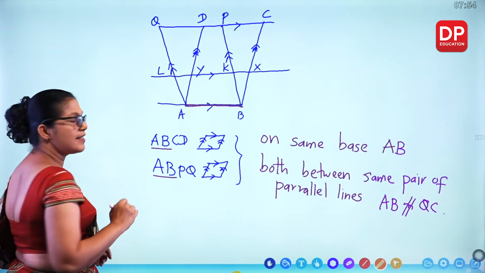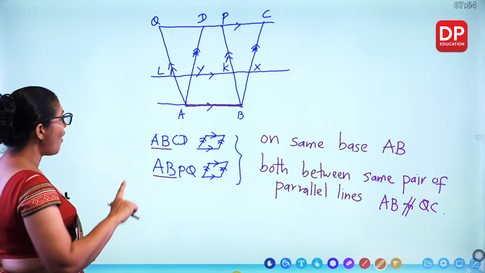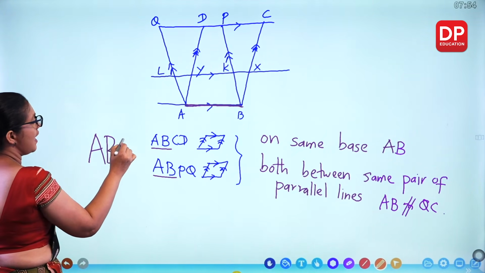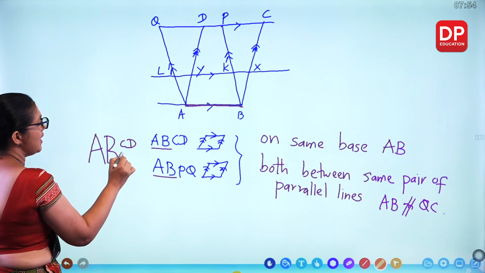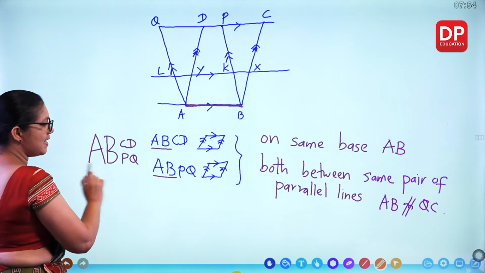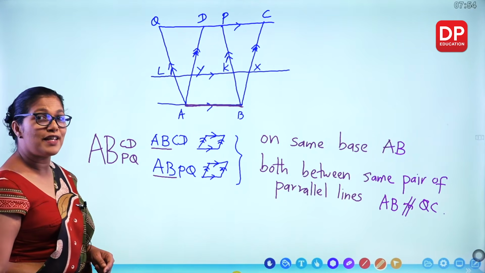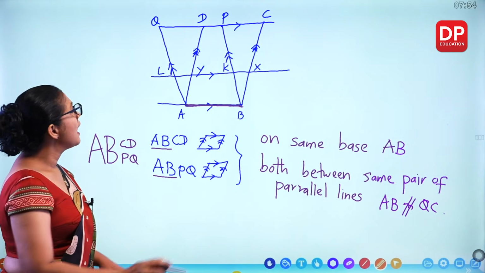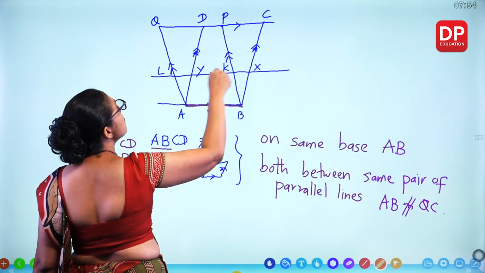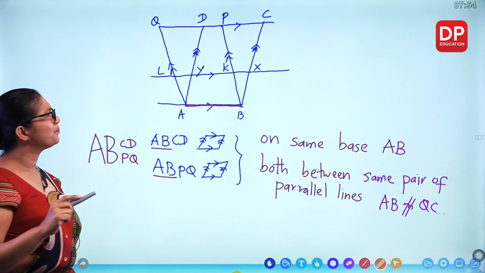I can highlight these two. AB is common. Or I can write here big AB, CD and PQ here. Because then I can see AB is common to both these parallelograms. When you look at this big one and the smaller one, what can you say?